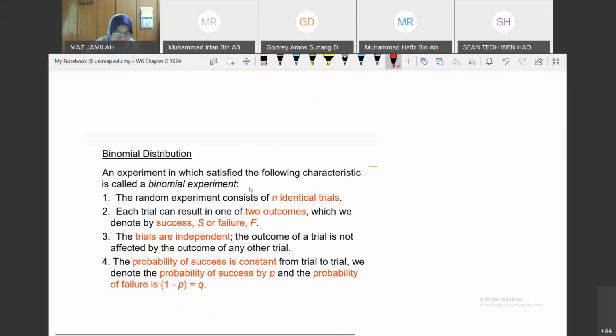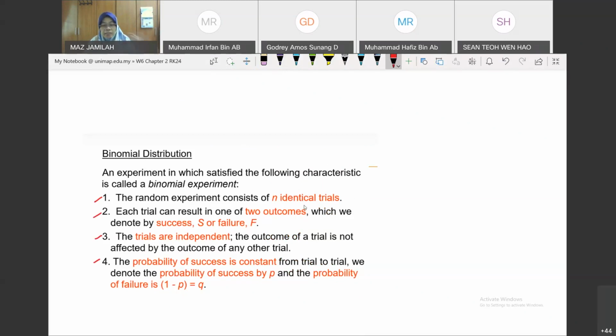An experiment which satisfies the following characteristics is called a binomial experiment. Make sure there are four different criteria. The first one is that the random experiment consists of n identical trials.